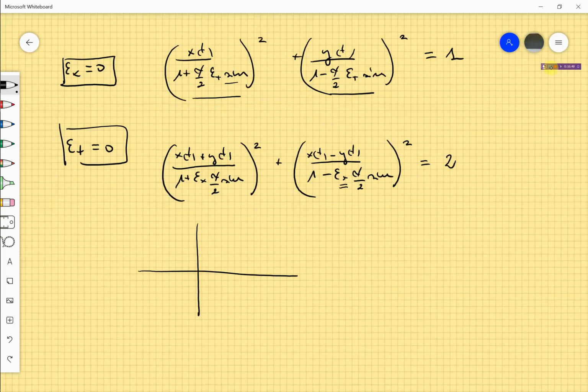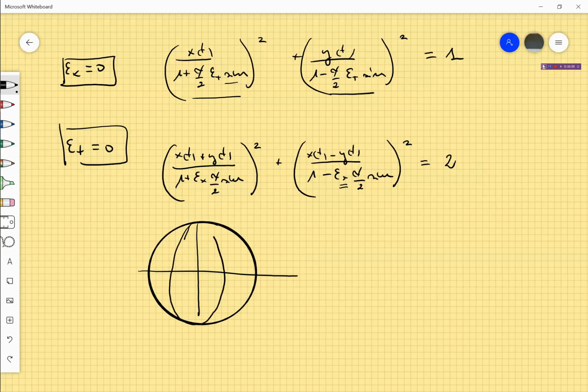So in one case, you start with a circle, time passes by, and then this becomes more like this shape, okay, up to a point. Then this comes back to the circle, but then it starts stretching in this direction, from more round to more elliptic, more eccentric, if you want.